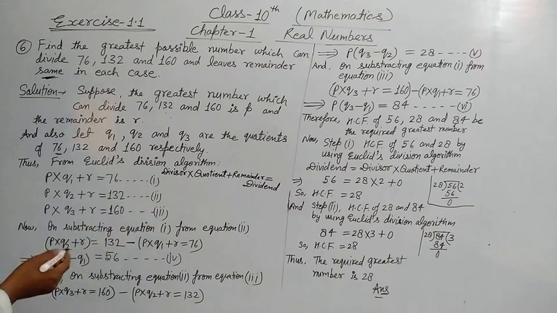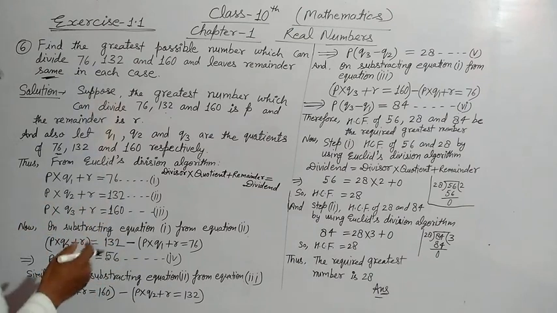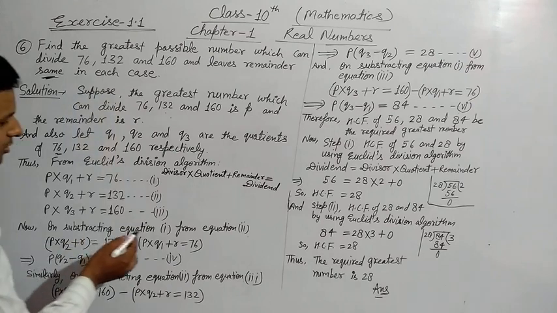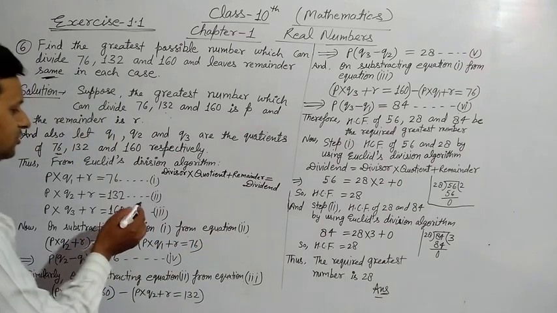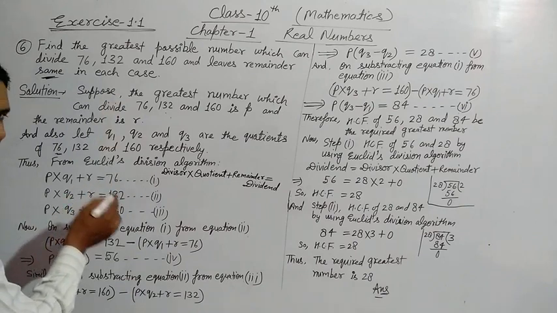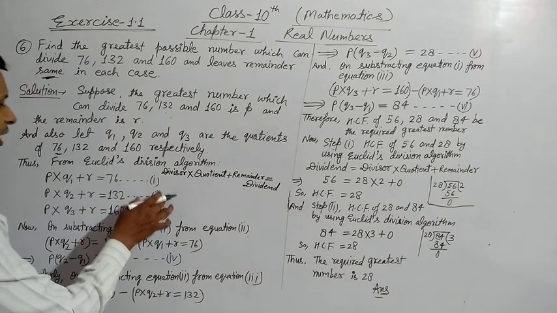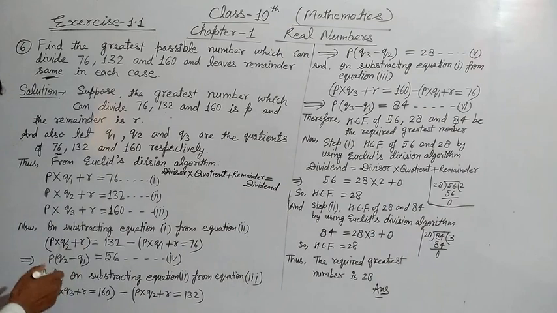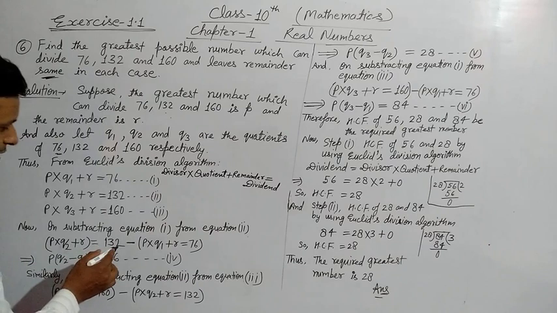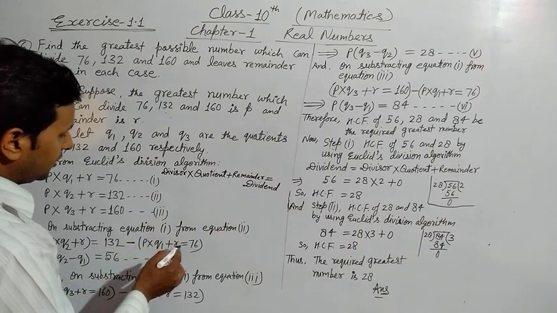Now when we get two equations, we can solve by subtracting or adding. See here, on subtracting equation 1 from equation 2, P into Q2 plus R is equal to 132, minus P into Q1 plus R is equal to 76.